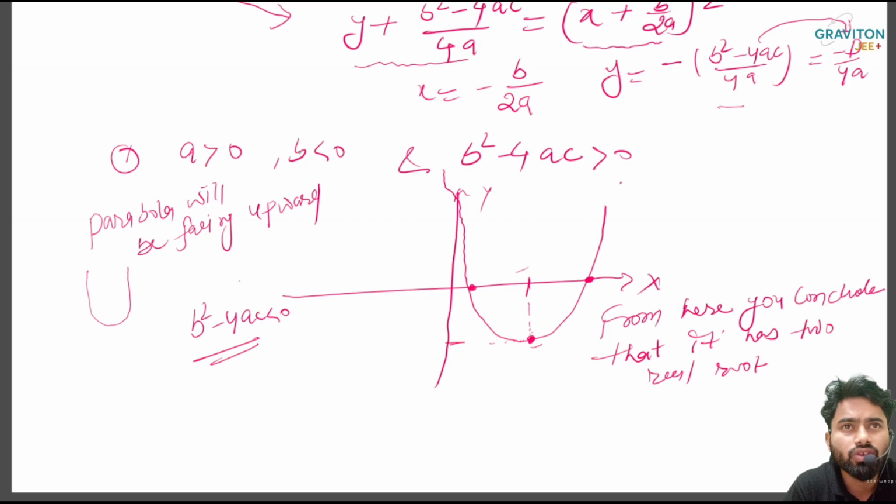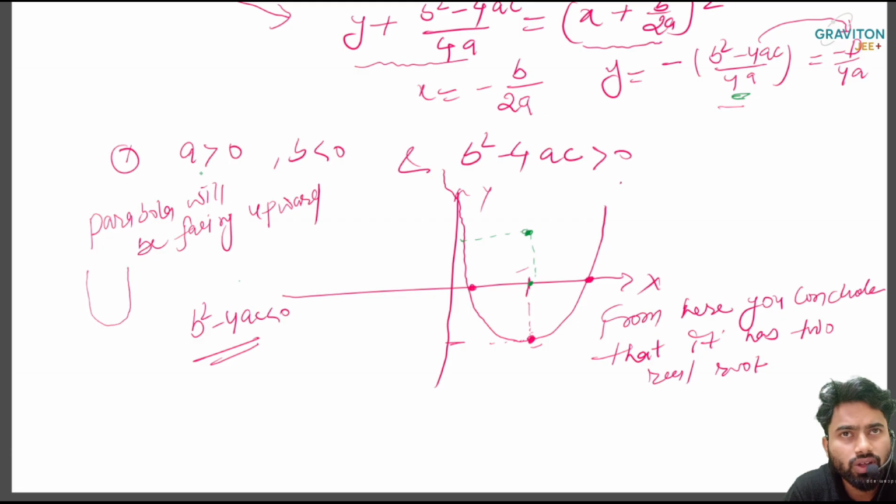Same case: a positive, b negative. So negative into negative upon positive makes x positive, so your x will lie here. Now b square minus 4ac is negative and a is positive, so this expression will be negative and the negative sign makes y positive. So your y will lie here, and the vertex of the parabola is here.